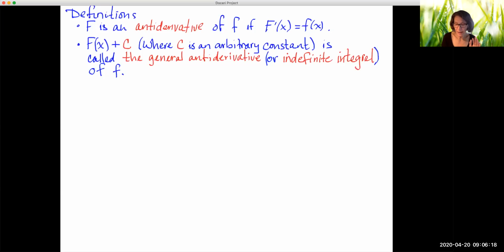It's the general antiderivative of the function little f, or we call it the indefinite integral of the function little f of x.